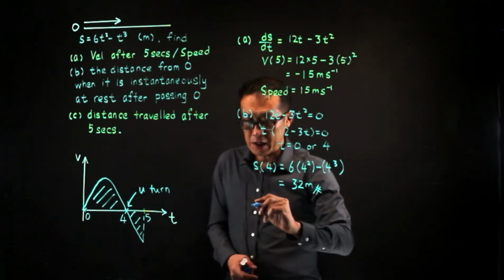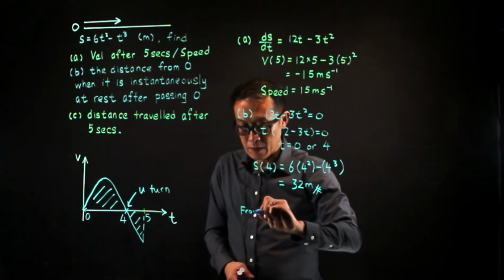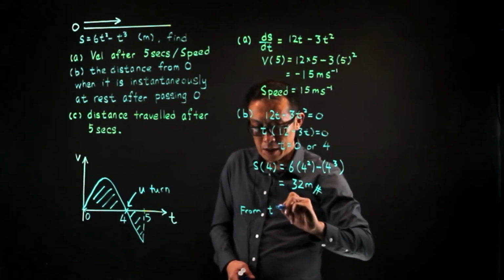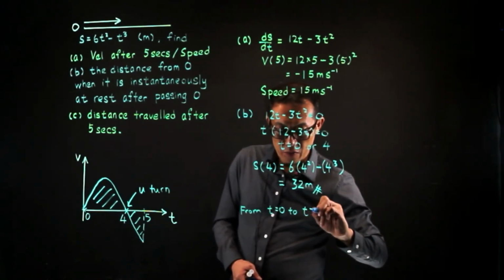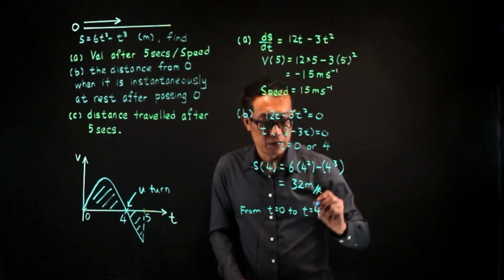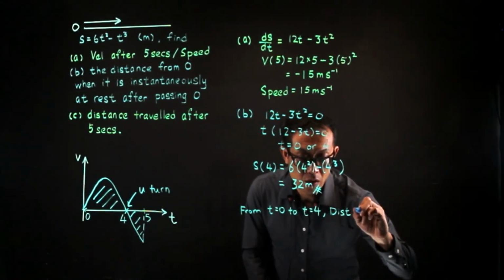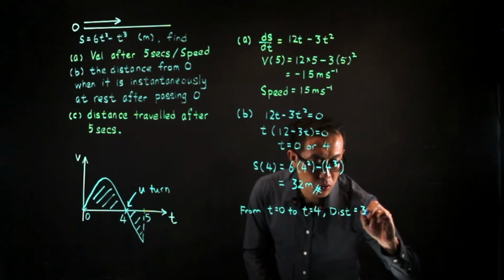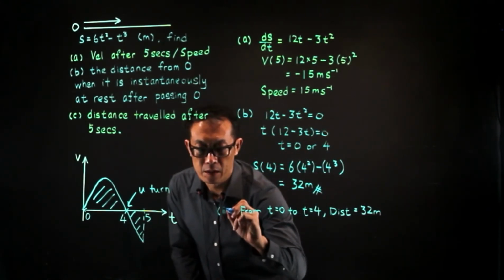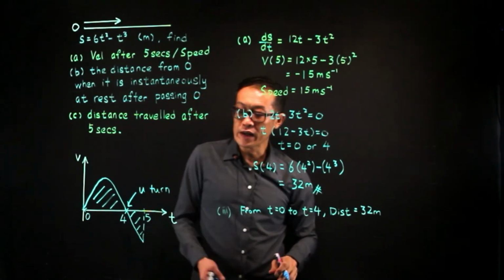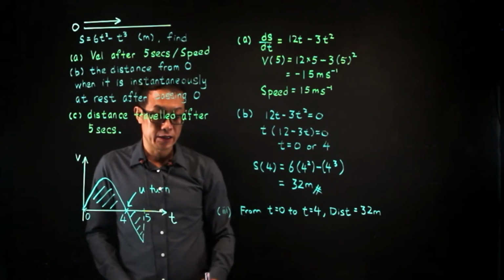So for t equals to 0 to t equals to 4, the distance traveled is how much? Distance is equals to 32 meters. Now we need to find the distance traveled from the 4th second to the 5th second.